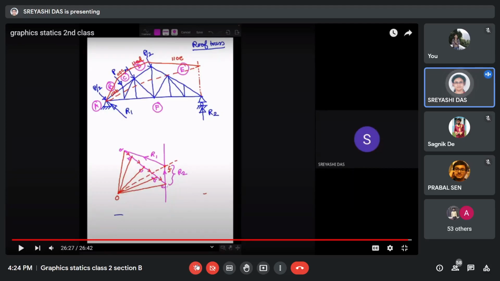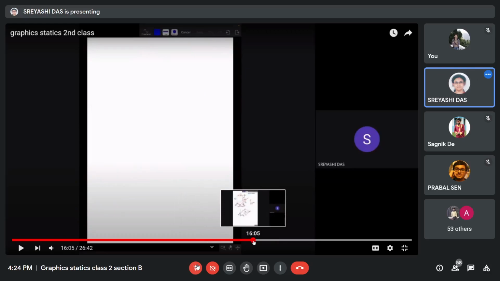Now you already drew the vertical from E. So EF, if you extend this EF, it will be a vertical line. So starting from small a, if you draw a horizontal line, which is 90 degrees to this vertical line, so that will be the horizontal line. In that case, that will be your horizontal component of R1, just similar to this one.